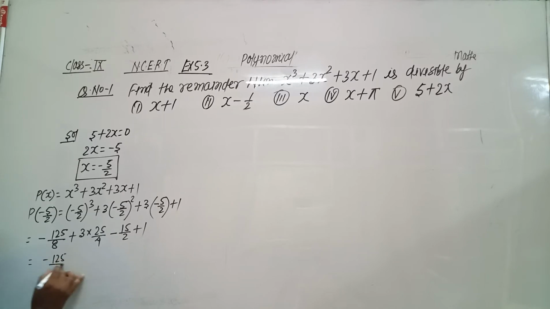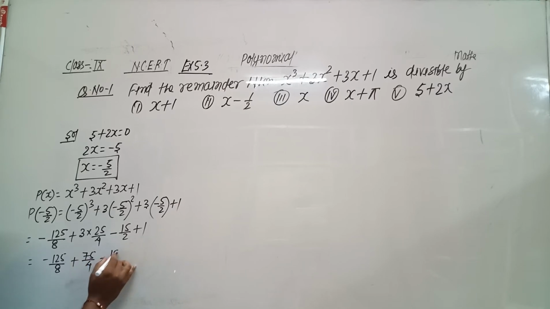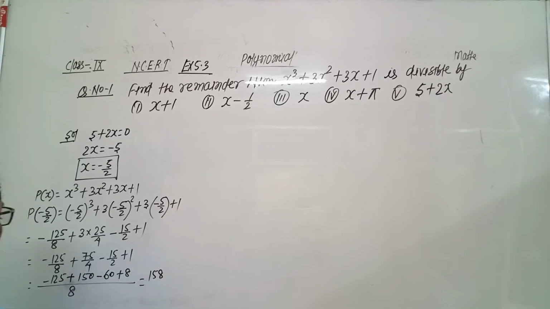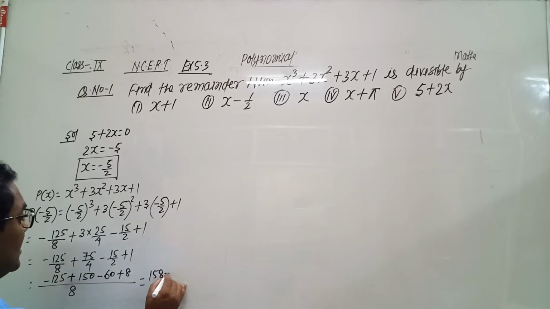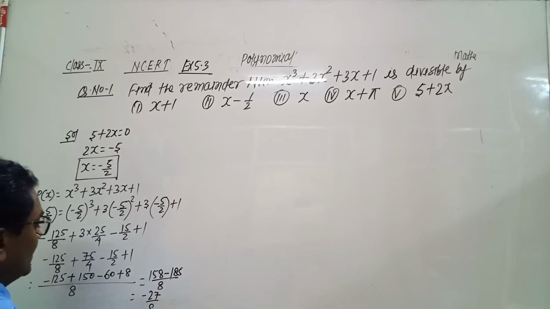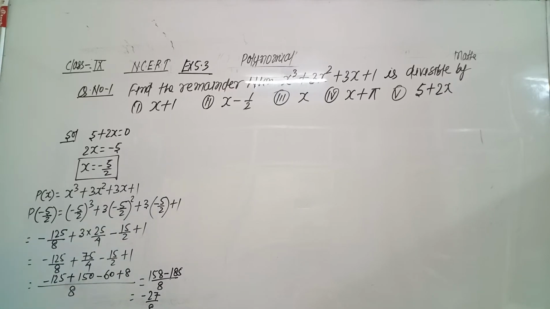Then minus 125 upon 8 plus 75 upon 4 minus 15 by 2 plus 1. By taking LCM, we get 8. So minus 125 plus 150 minus 60 plus 8. 150 plus 8 is 158, and minus 125 minus 60 is minus 185, so we get minus 27 by 8. So this is the remainder.